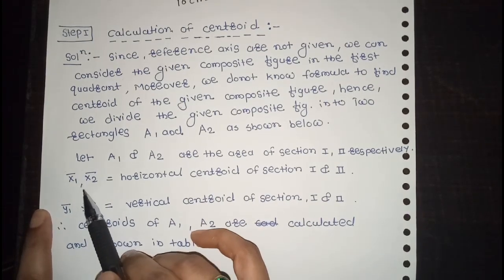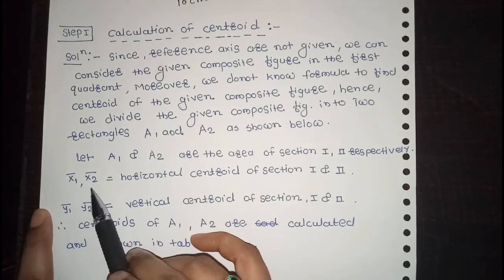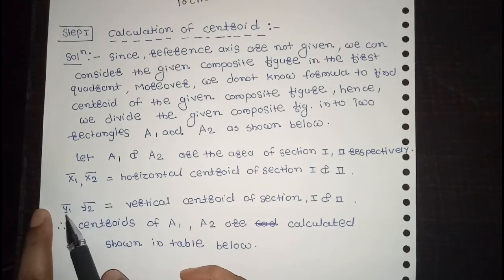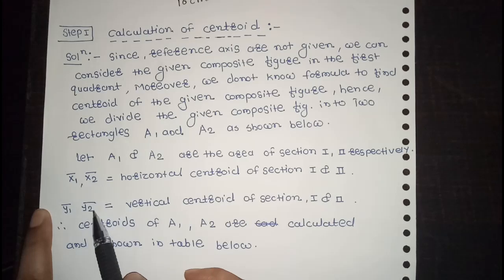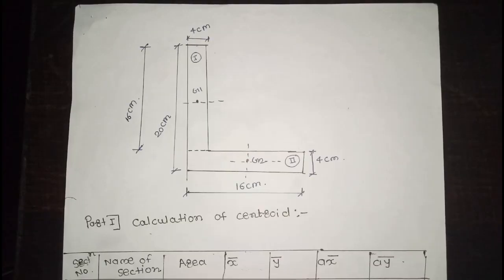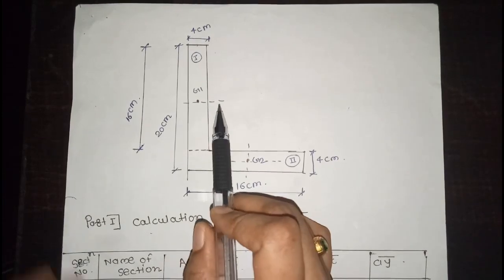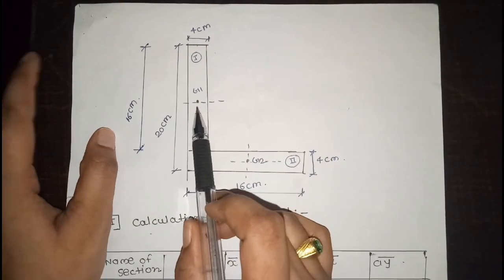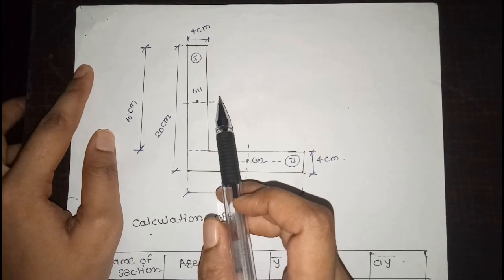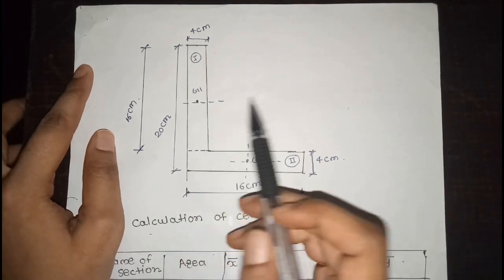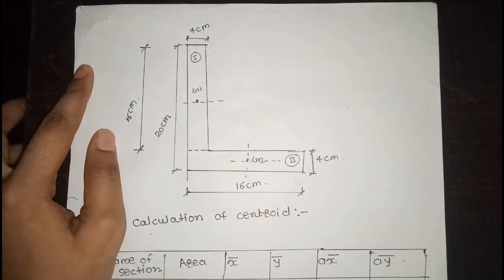So first of all, what is meant by X1 bar and X2 bar, and what is the meaning of Y1 bar and Y2 bar? X bar means distance of centroid to base of y axis, and y bar means distance of centroid to base of x axis.